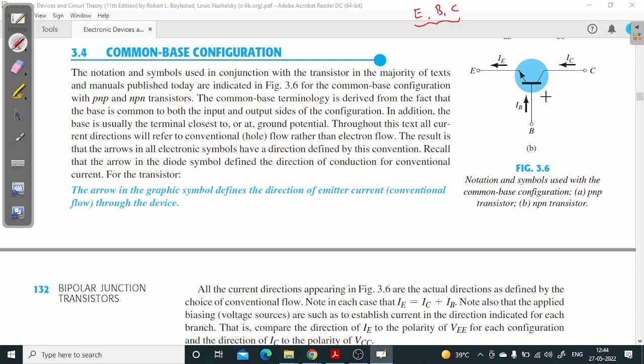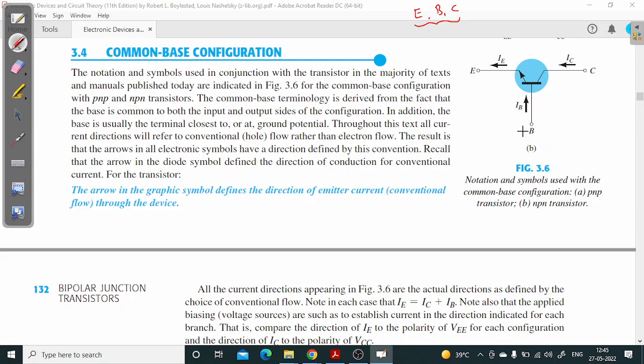Which terminal should be connected to the input side, which terminal should be connected to the output side, and how do we use the third terminal? So there are certain configurations in which we can use this BJT for our applications or for constructing various circuits.